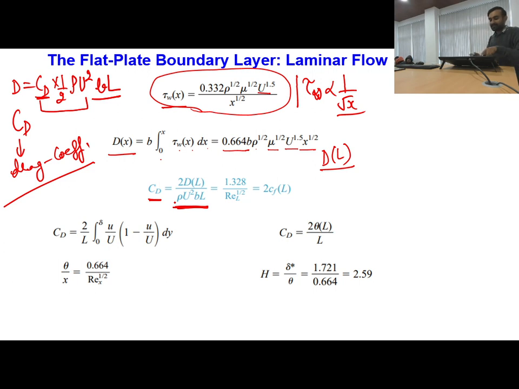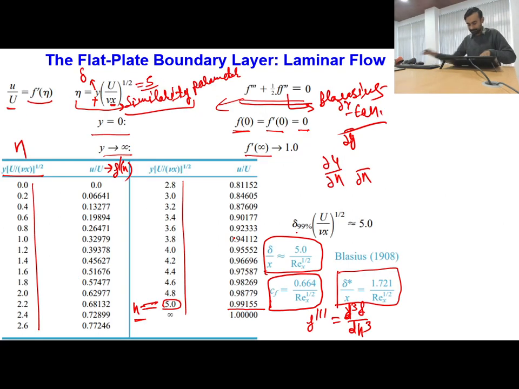Now if I substitute the formulation of drag force D of L, then I get 1.328 by Reynolds number, and this Reynolds number I am calculating for the entire plate. That's why in its subscript I am writing Re L. Is this point clear? This is the drag coefficient. And what was the skin friction coefficient? Skin friction coefficient was 0.664 by square root of Re x.